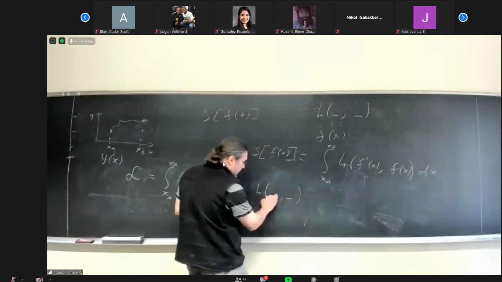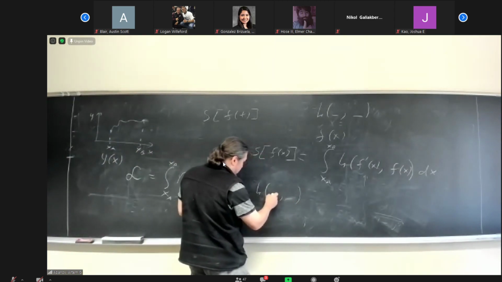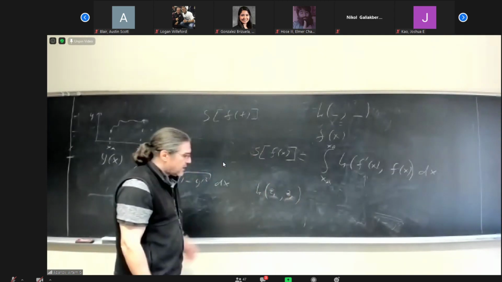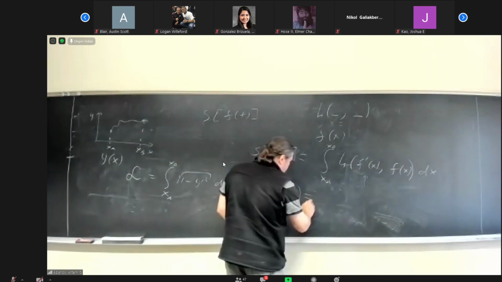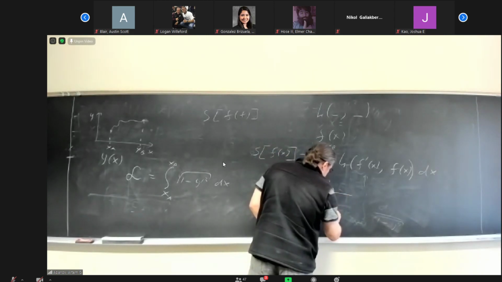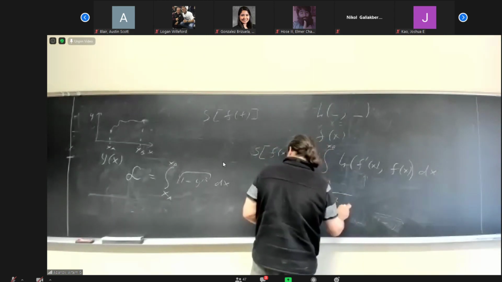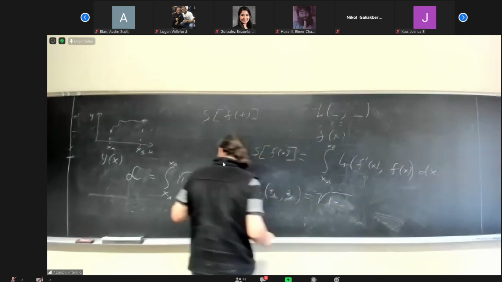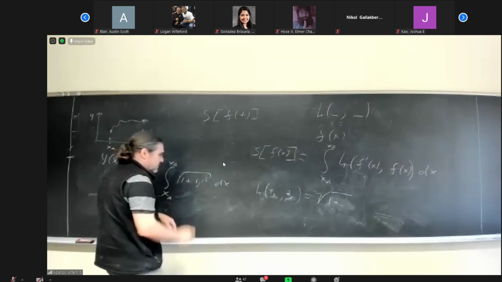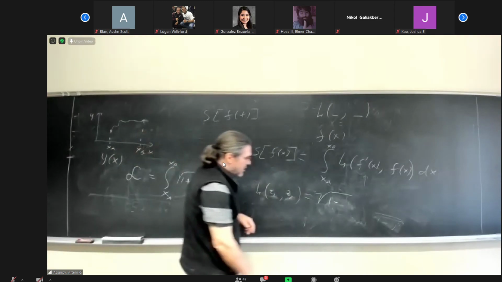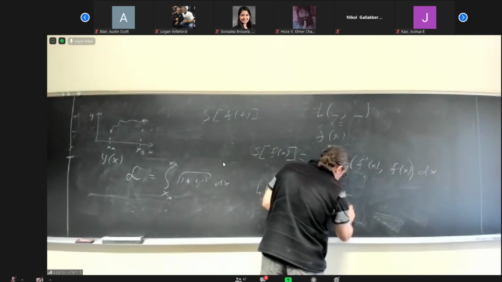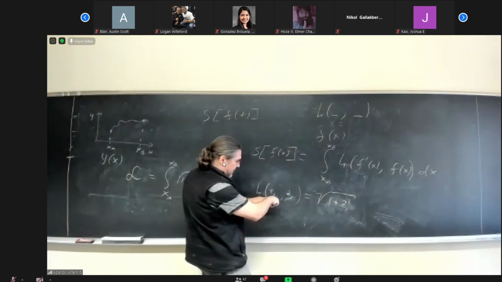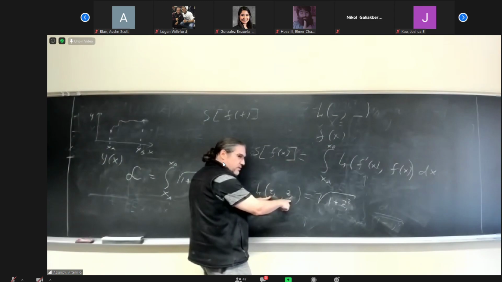But the function of first argument, let me call the arguments z1 and z2. So it's 2 arguments. So if I take that function equal to square root of 1 plus z1 squared, this is my function L as a function of 2 arguments, z1 and z2.